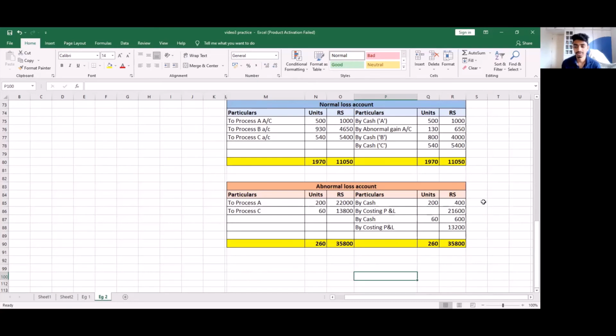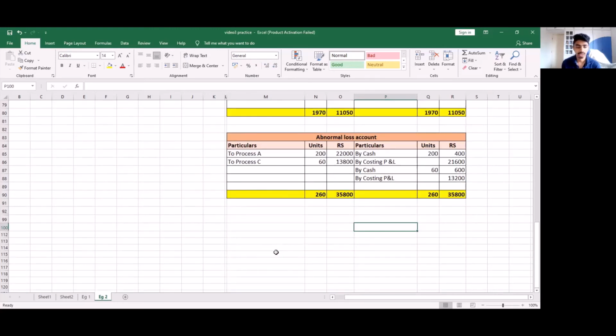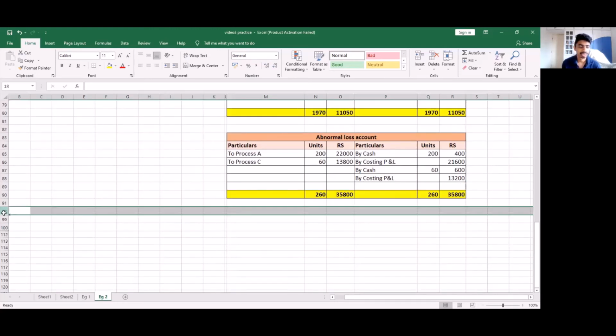So apart from what we realize in cash, the remaining amount of the loss is transferred to our costing P&L. So we show this by writing by costing P&L account and write the value of the remaining amount. So this will be 22,000 minus 400. We do the same for our process C because process A and process C are the accounts that had an abnormal loss. Now let's move on to our abnormal gain account.